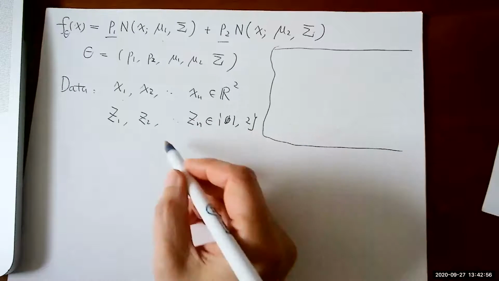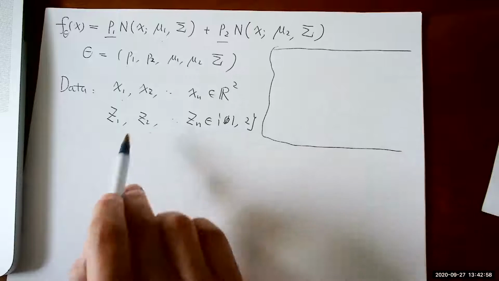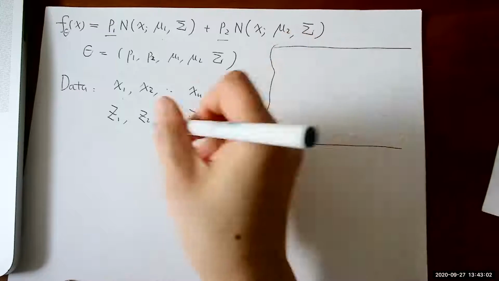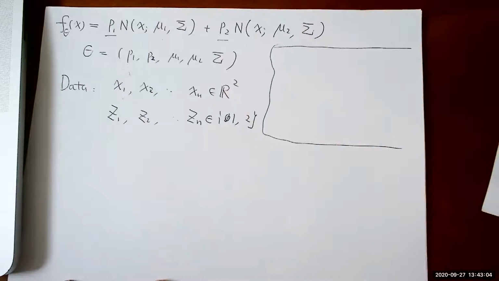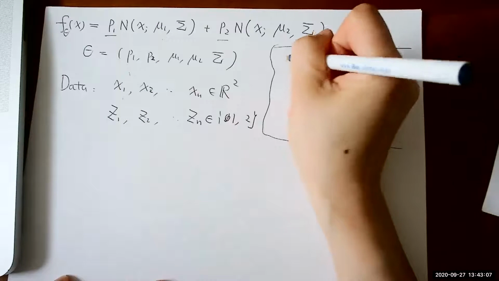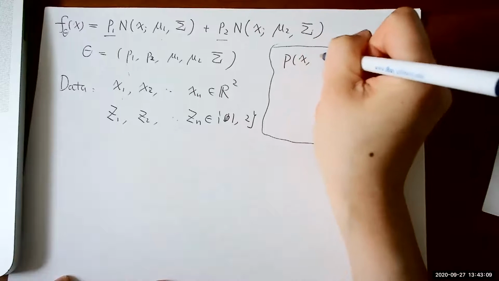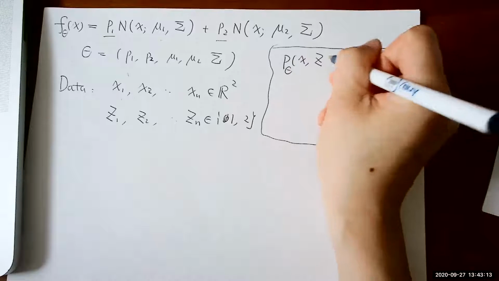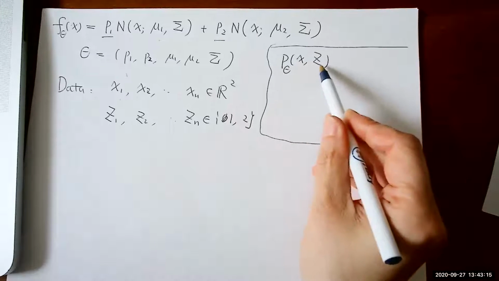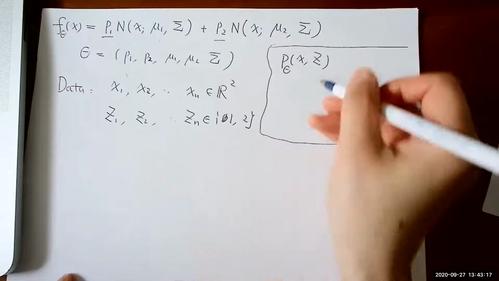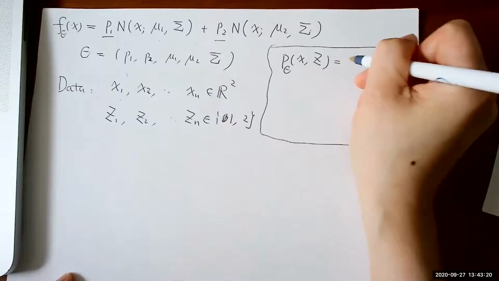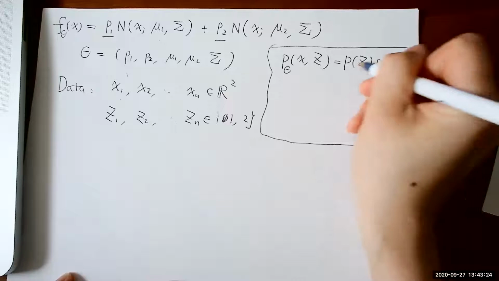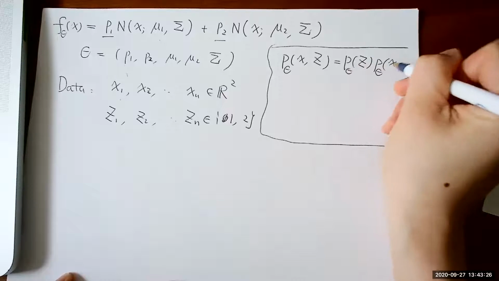Okay, so let's first look at how we're going to write down the joint likelihood, a joint density, for each one of them. This is equal to the joint of x and z. Let me drop that subscript. By factorization, you first generate your latent variable, and then you generate your x given z.